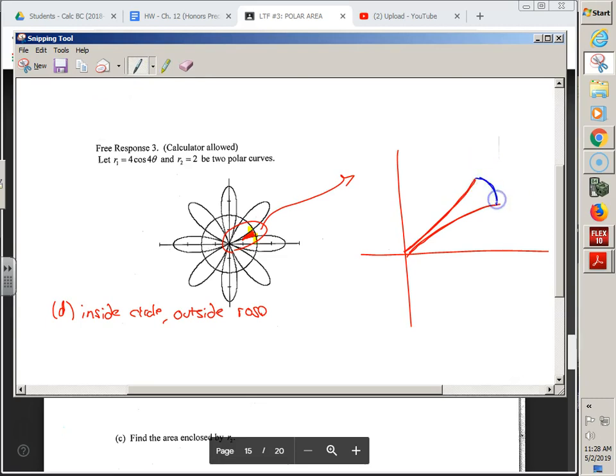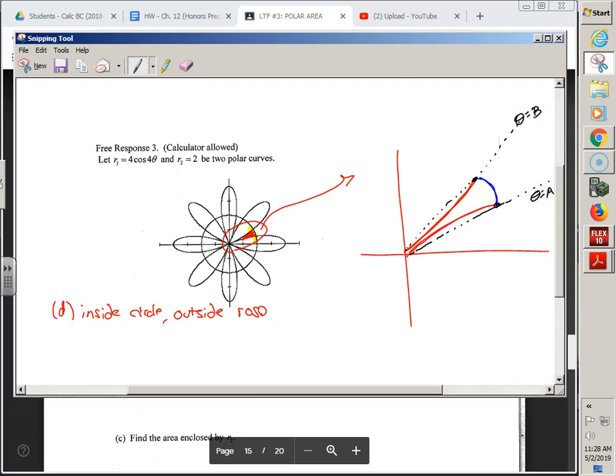Here's my circle, and this red is all my rows. So if I do my intersection point, which would be what you found it to be, this angle, see how it'd be too much? So then I'm just going to call this theta equals A and theta equals B, because you're exactly right.